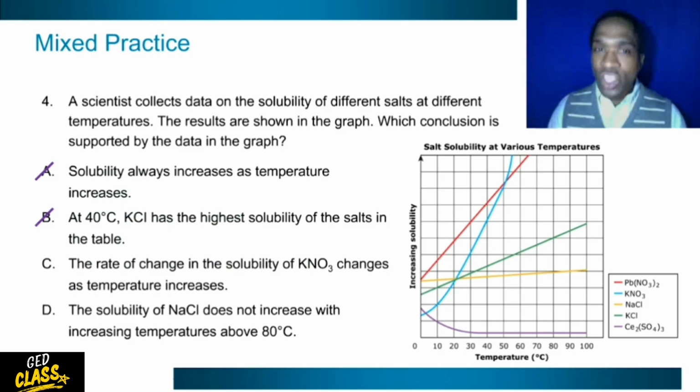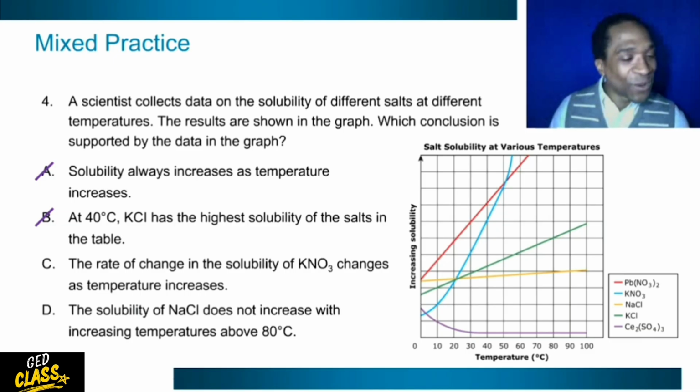So let's do that. To check choice D, you need to determine whether the yellow line doesn't go up to the right after it crosses the 80 degrees Celsius line. So is that true? Does the yellow line either stay the same or go down to the right of the 80 degrees Celsius line? What do you think?